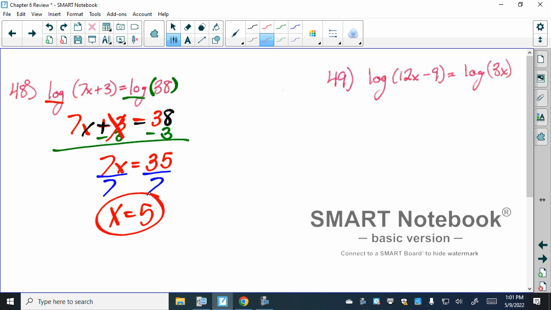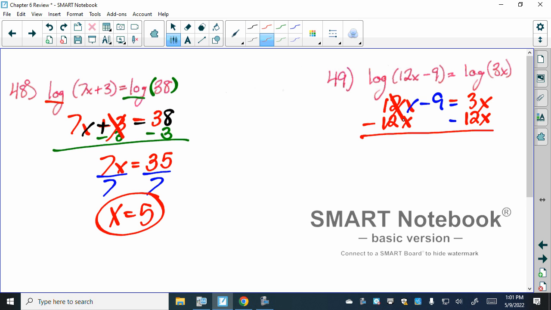Questions on 49? So we could subtract 12x from both sides to get all the variables on the same side.